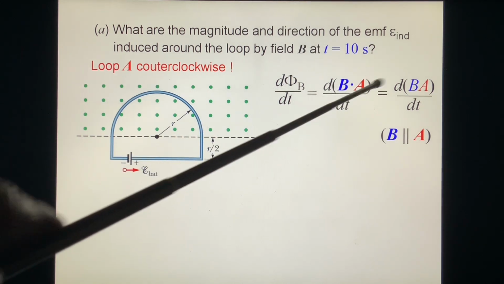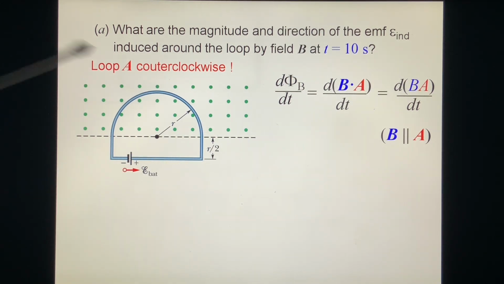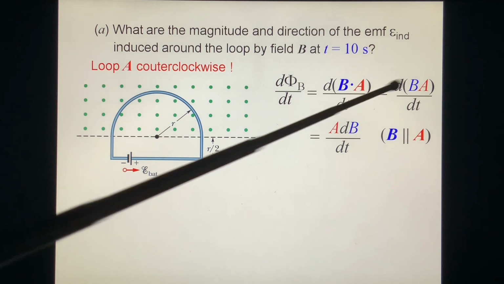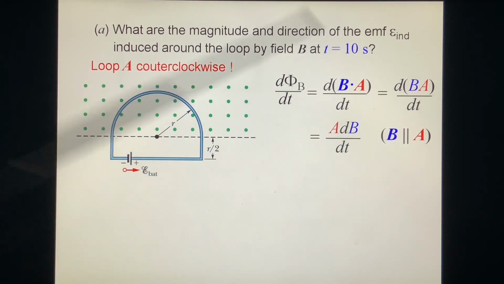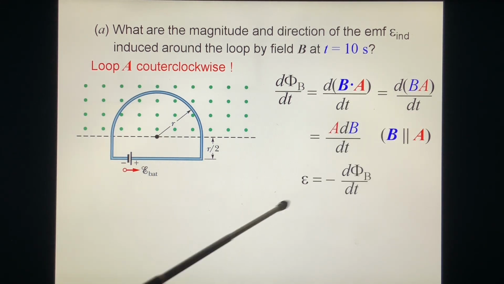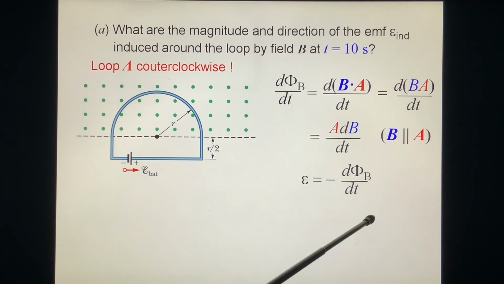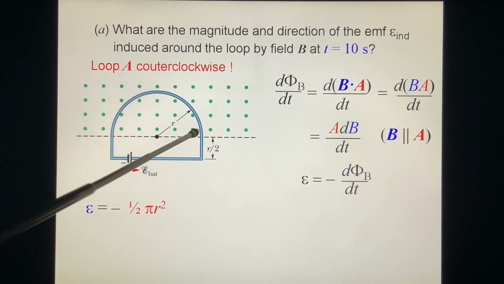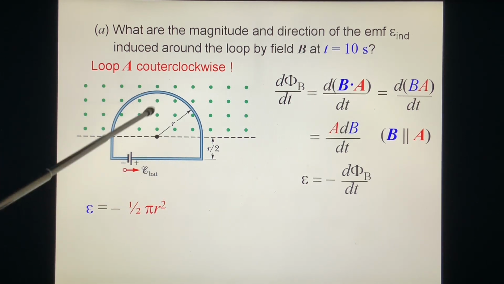When we do this one, we assume this is the positive current direction, counterclockwise. So we put this one inside. A is a constant, so dB/dt. Then we get epsilon equal to minus d phi/dt. Then epsilon equals minus A, which is half pi r squared, times dB/dt.